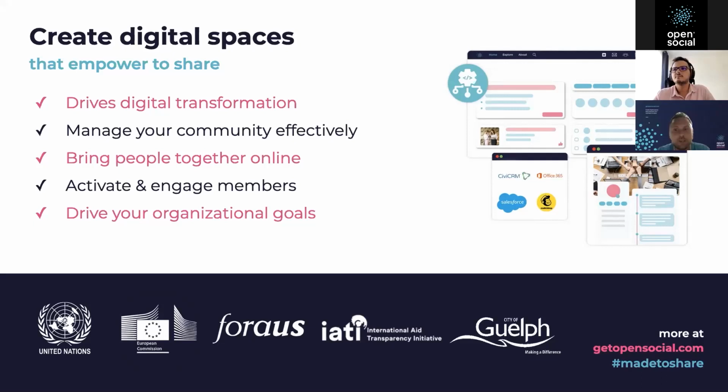You can do it on WhatsApp, you can do it with other social media, but those are not tailor-made for their needs, like OpenSocial can do at the moment. It is much easier to bring people together in this way online, activate them, engage them, and reach organizational goals. So this is, in a few words, what OpenSocial is trying to do, and has been doing successfully for the past few years.